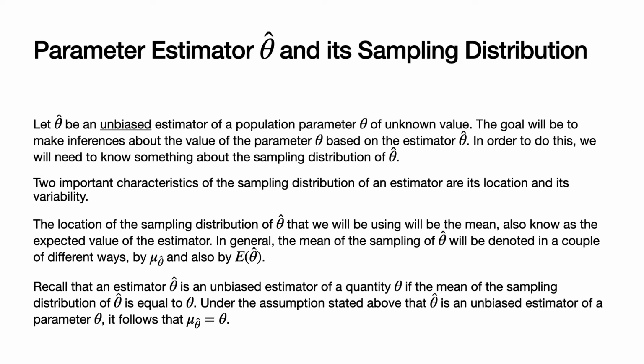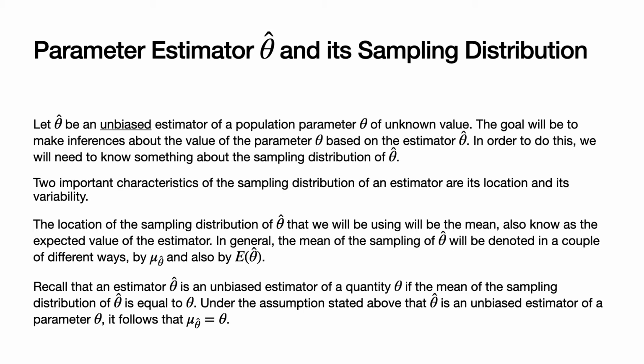First, by mu sub theta hat, which represents the mean of the sampling distribution of theta hat, and also by capital E with theta hat in parentheses, which we read as the expected value of theta hat. So we have two pieces of notation here, but realize that these represent the same thing, the mean of the sampling distribution of theta hat, which is equal to the expected value of theta hat.